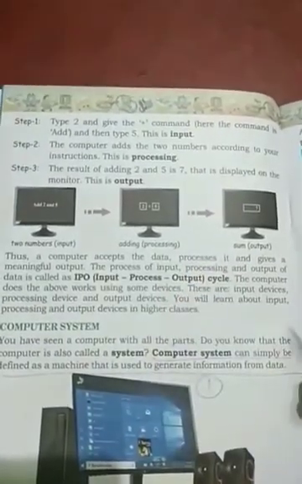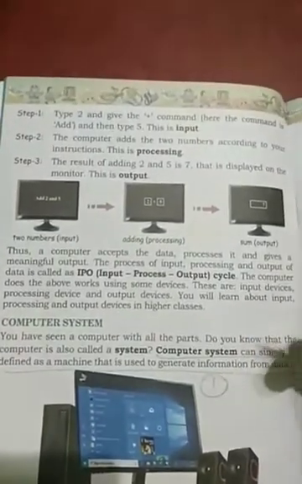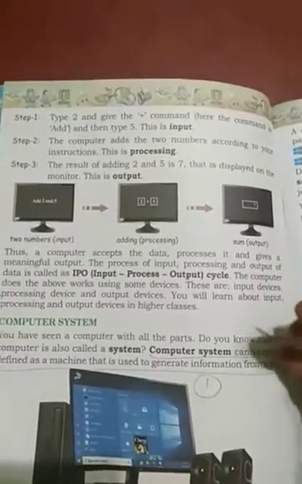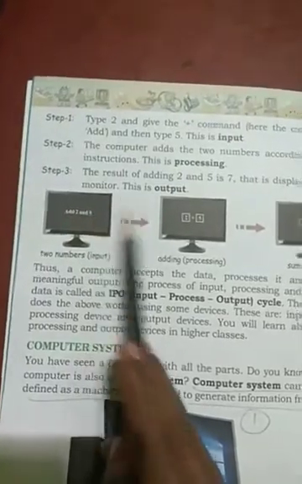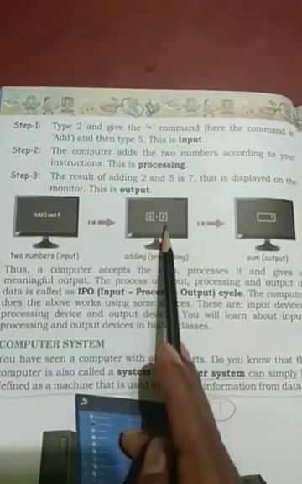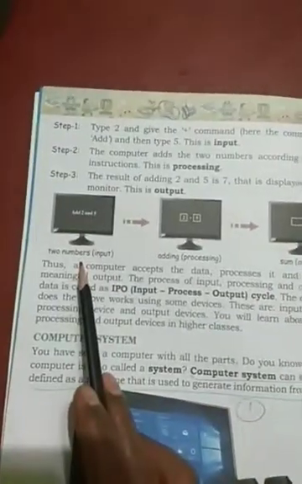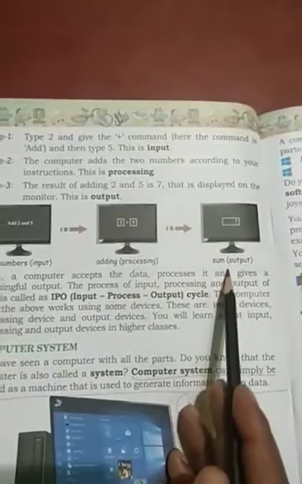This is the processing. And step 3, the result of adding 2 and 5 is 7. That is displayed on the monitor, that is the output. Means when we add 2 and 5, it's processing and gives the result 7. Input, adding means processing, and the sum is the output.